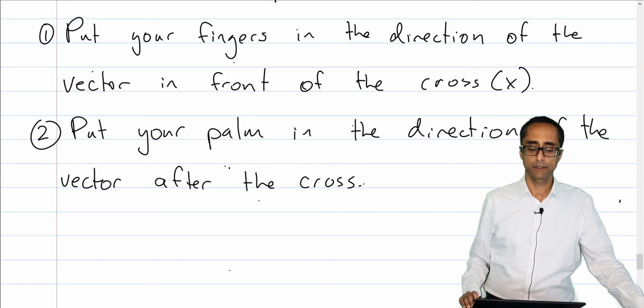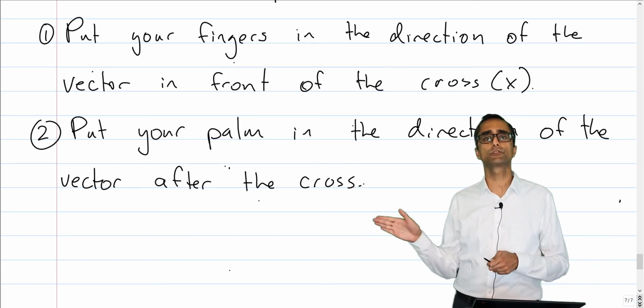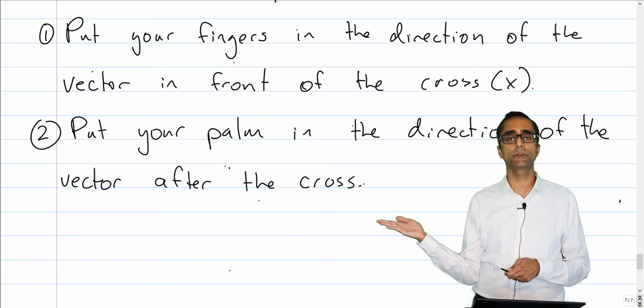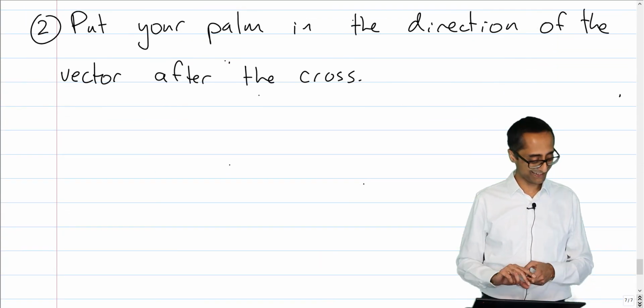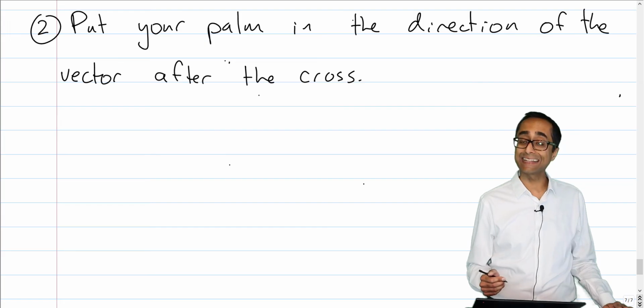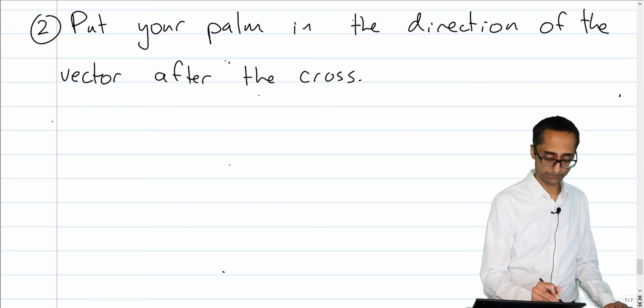All right. So you put your fingers in one direction, you put your palm in another direction, and then finally you move your thumb so that it's 90 degrees away from your finger.